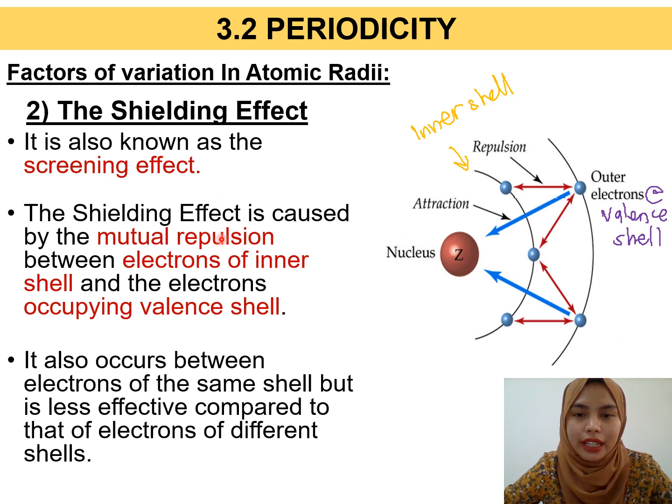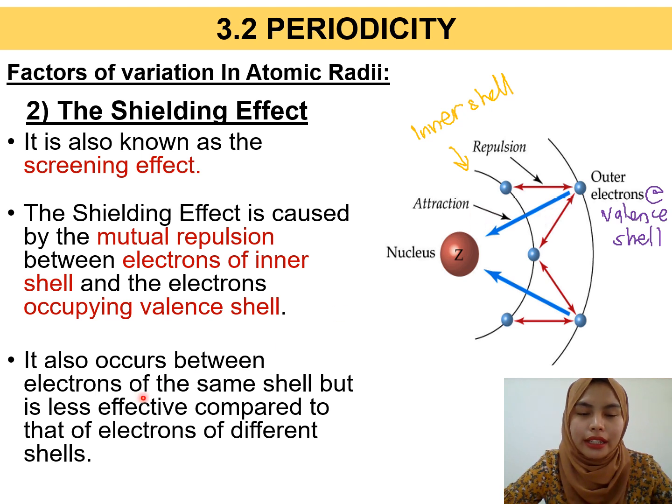So shielding effect ni apa yang berlaku? It is actually caused when there is a mutual repulsion between electrons yang berada pada inner shell dengan electrons yang berada pada outer shell, valence shell. Because of this mutual repulsion, we call it as shielding effect.